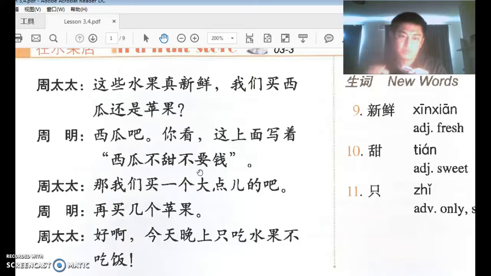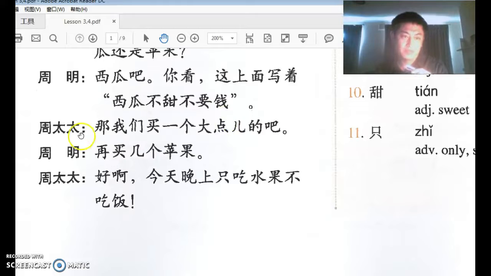Sometimes in Chinese we just put two statements there for you to guess and judge what the conjunction really is. This is a condition: 如果西瓜不甜, then 那我不要钱.